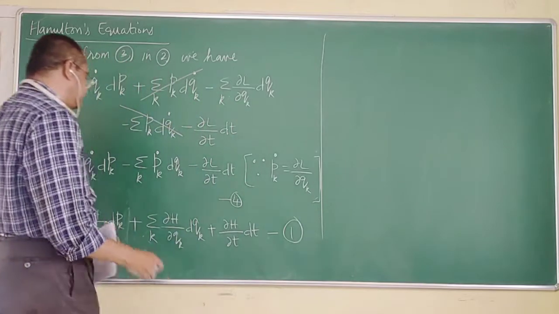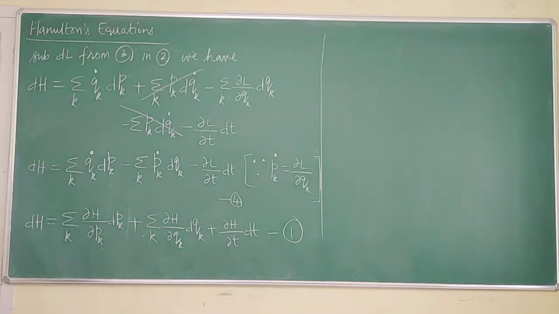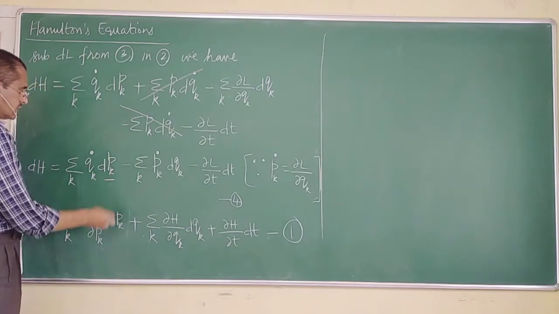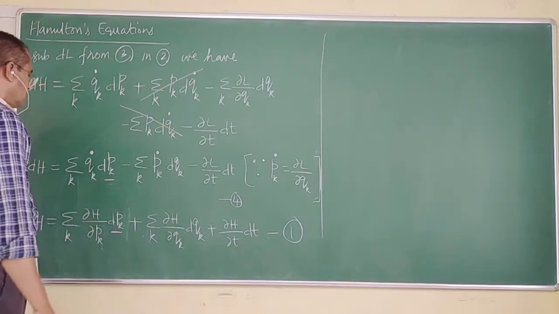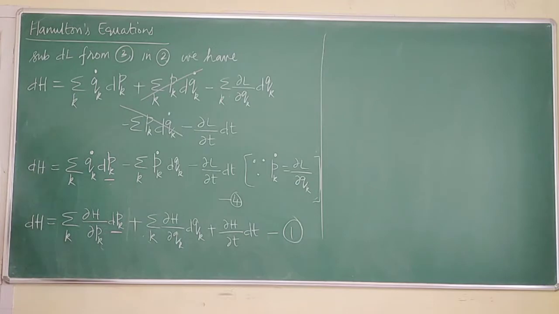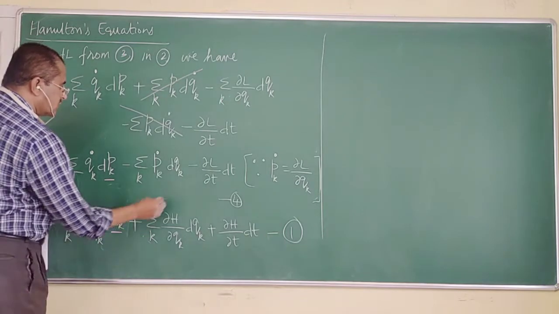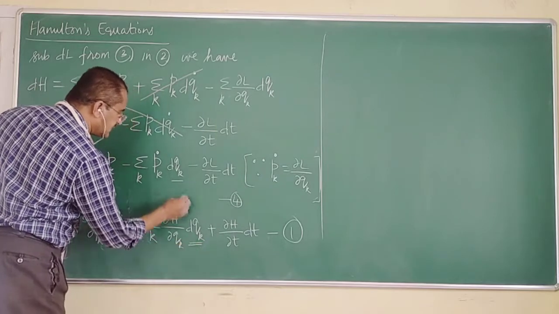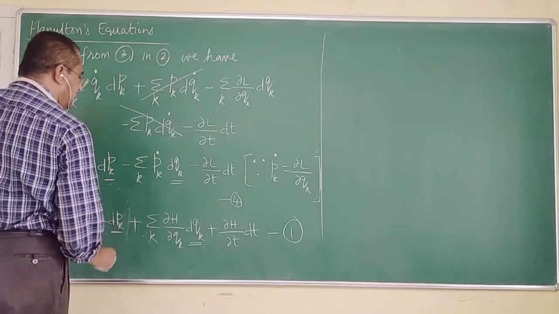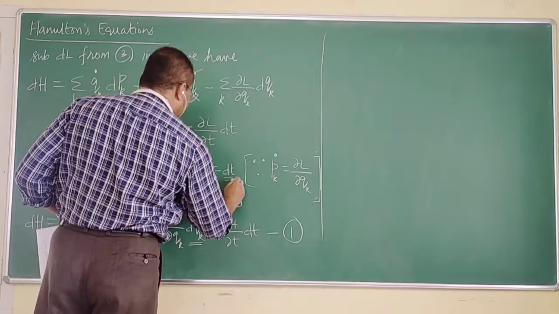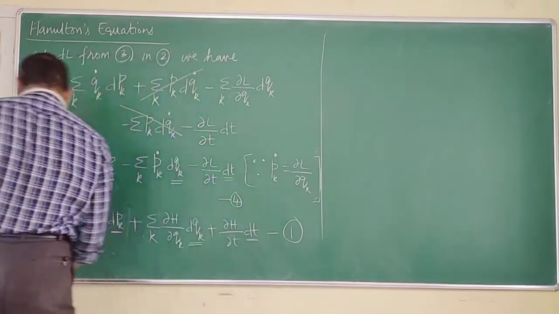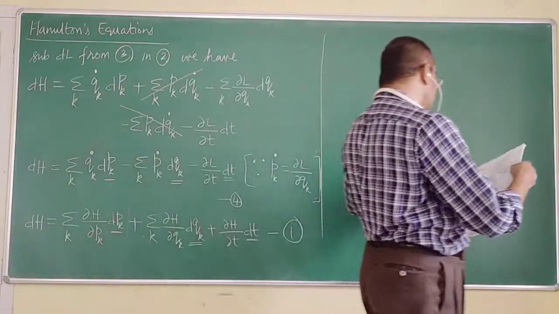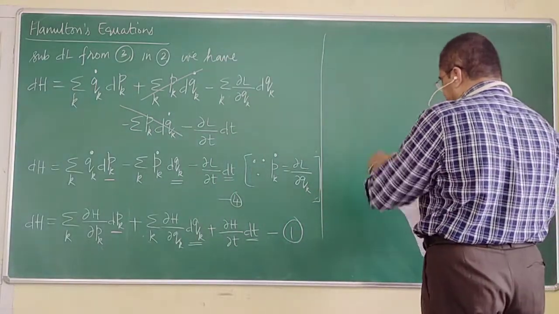This is equation 1. What we are going to do is compare coefficients of dp_k, compare coefficients of dq_k, compare coefficients of dt, and we will see what equations we are getting here. So let me write it here.